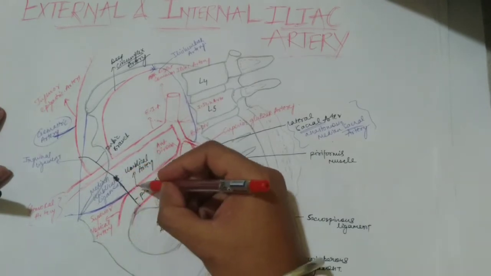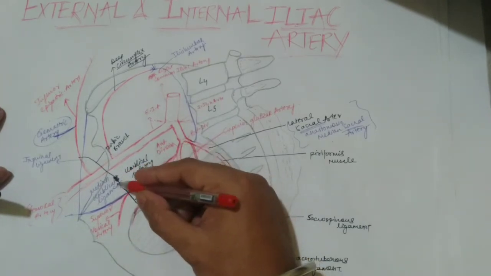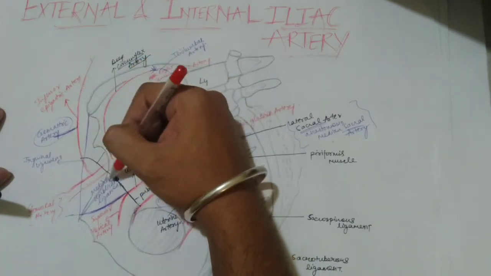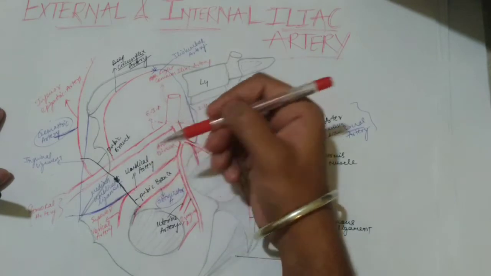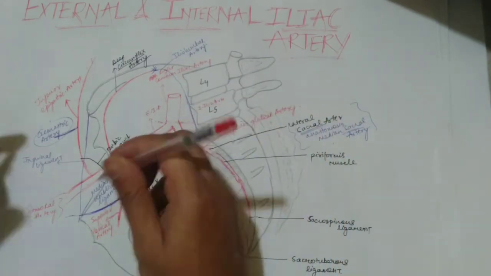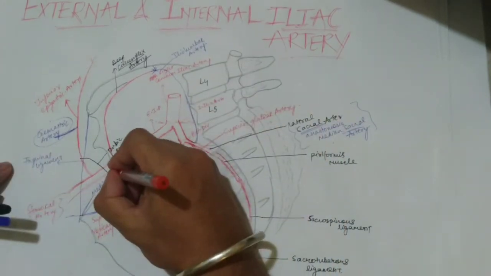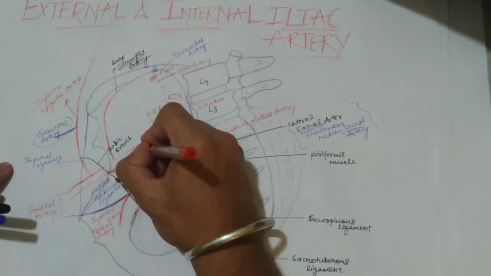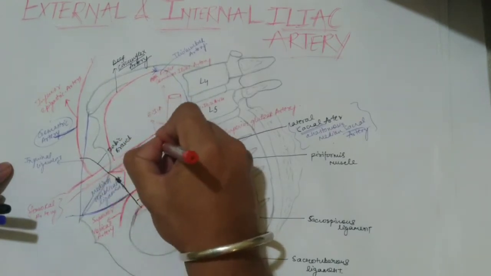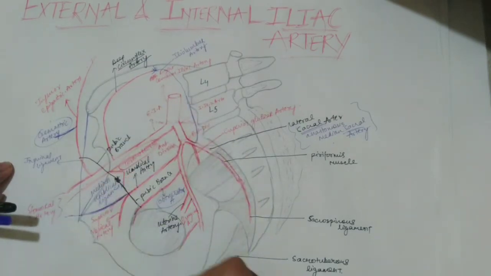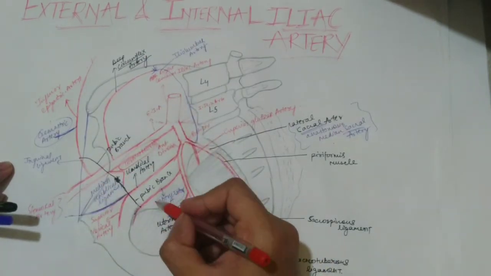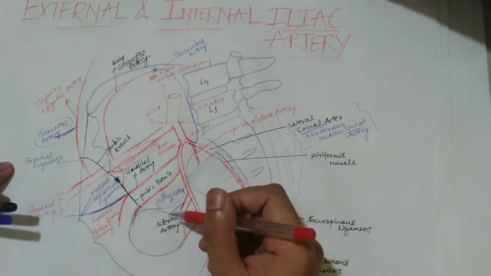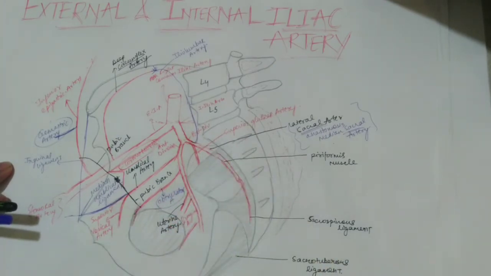This pubic branch does anastomosis with the pubic branch coming from your inferior epigastric artery, and this anastomosis is called the corona mortis.